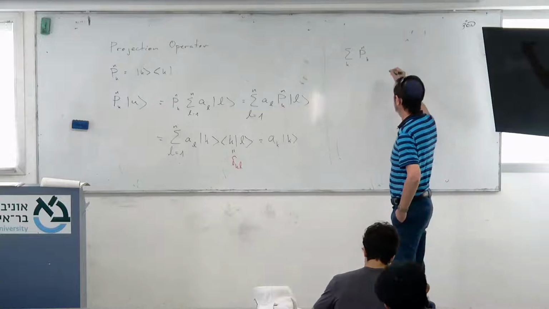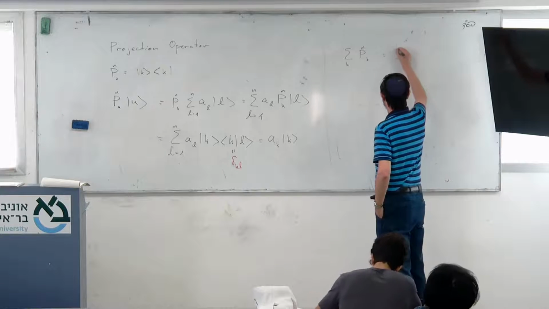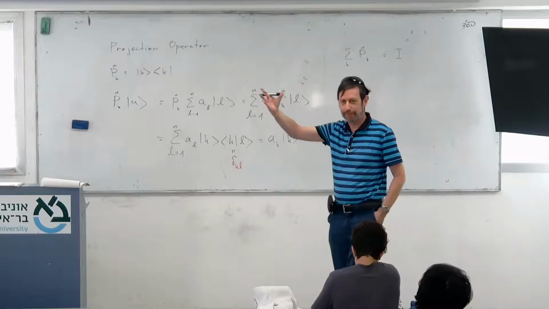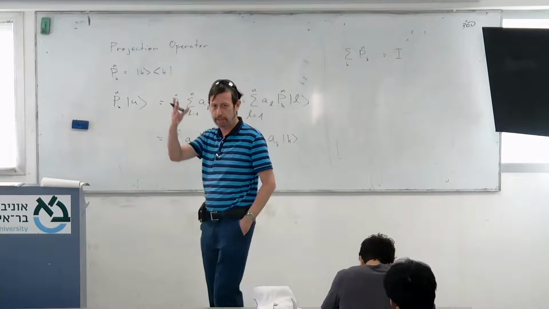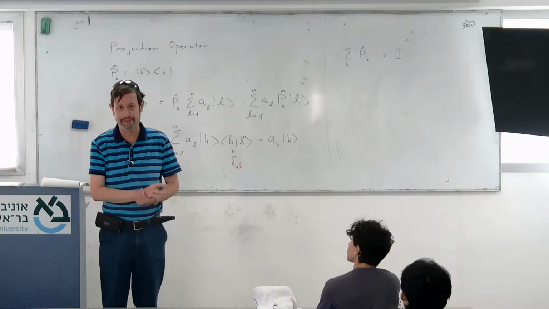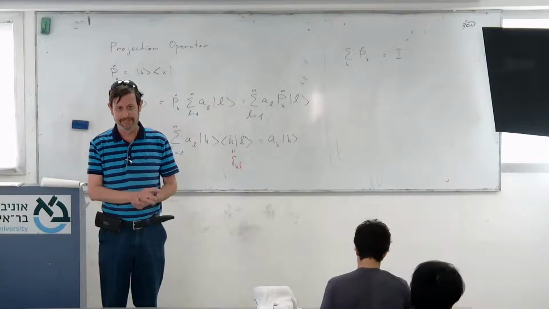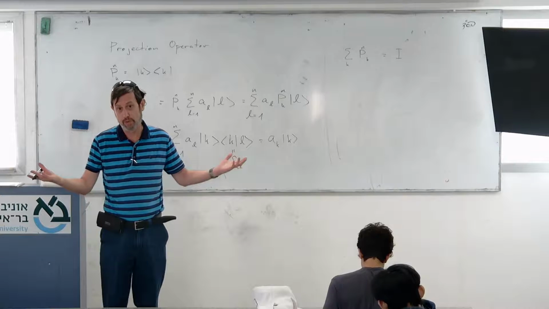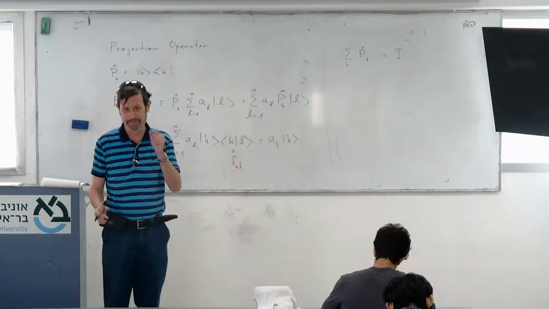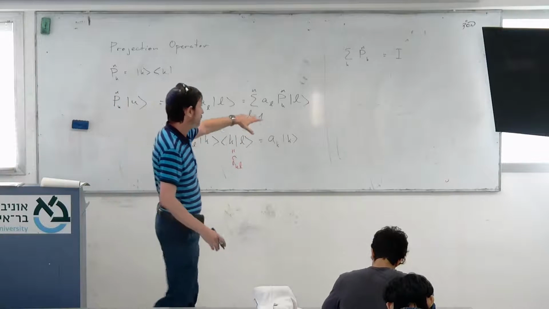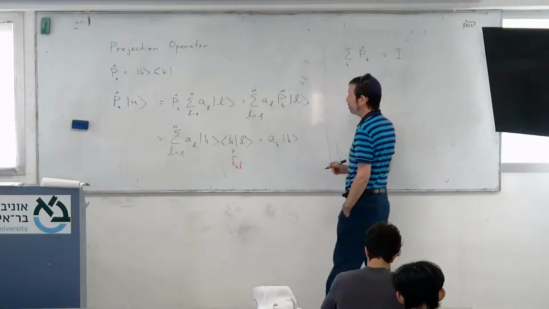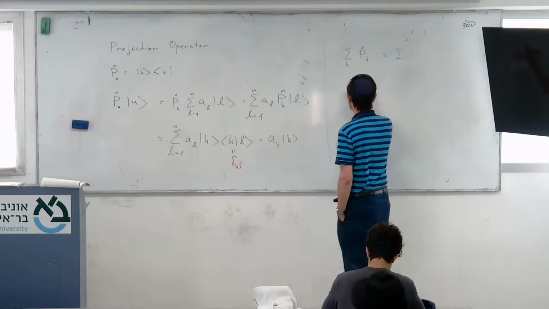Because if I sum up all the components in all different basis vectors in all directions, I reconstruct the original vector, meaning it does nothing. This is actually a very useful trick. Let's just prove it.